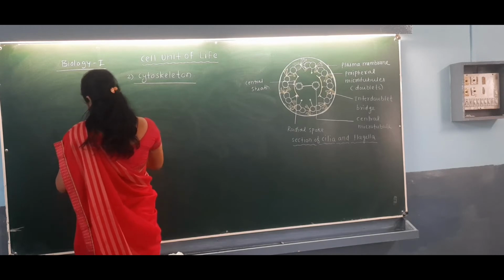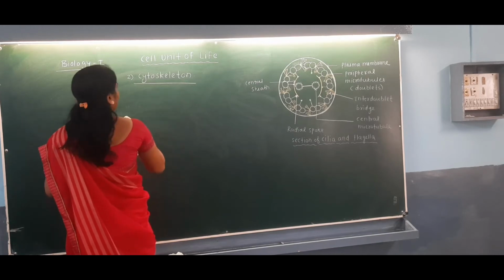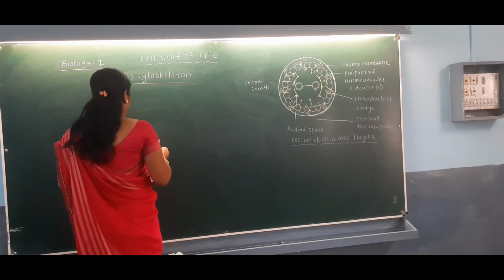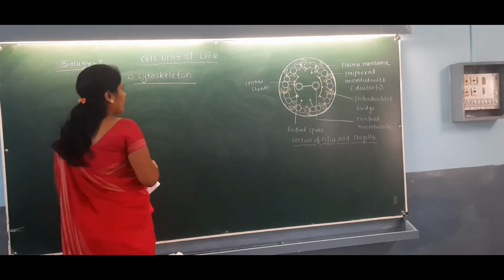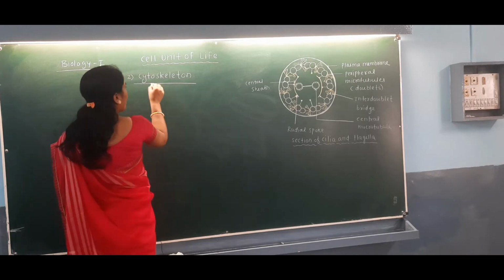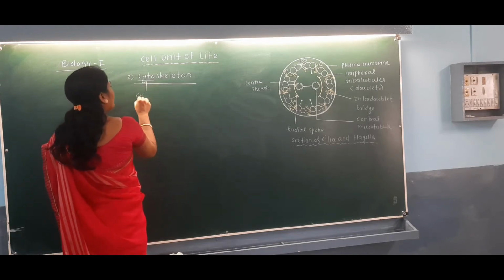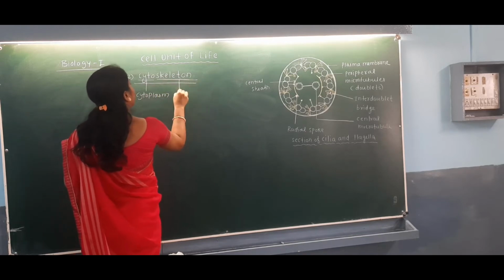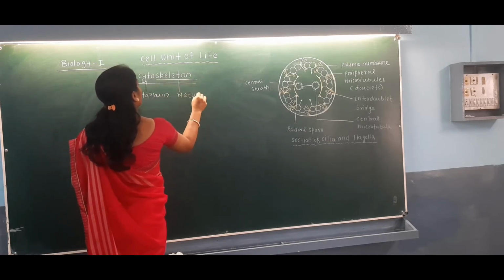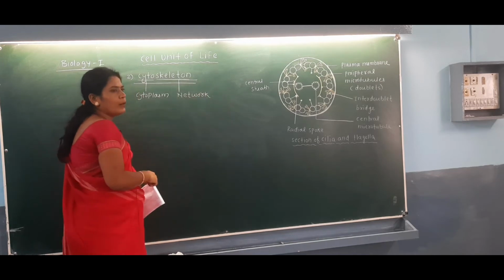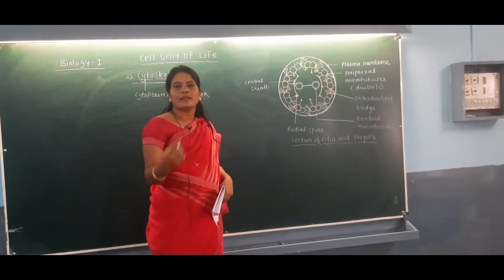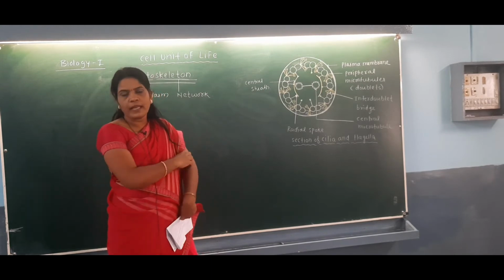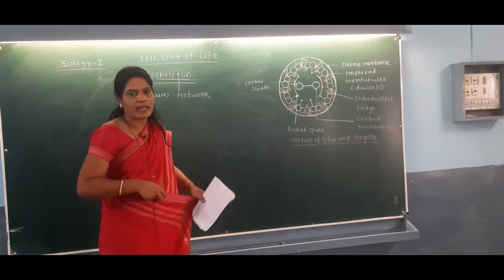Okay, see here, the meaning of this organelle indicates the structure of the cytoskeleton. You can see that cyto means cytoplasm and skeleton means network. So in the cytoplasm of the cell there is a network present that is called the cytoskeleton.